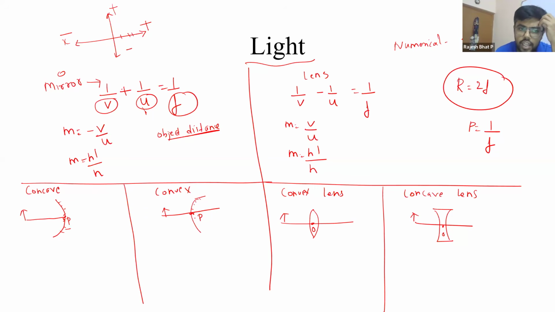Is it on the left side? This is the origin. The object we are always keeping on the left side. So, is it negative or positive? Remember, for every problem, lens or mirror, whatever, U, the object distance, is always negative. Don't forget.